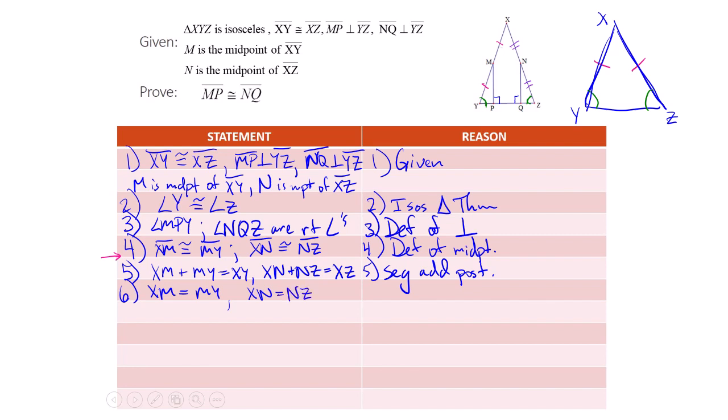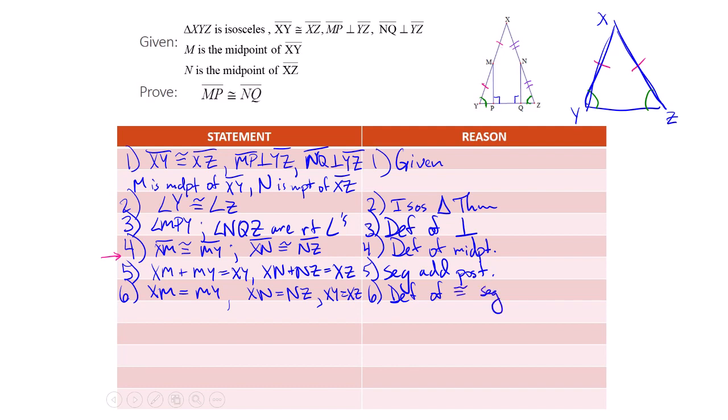So if that's the case, I can actually subtract. Well, let's do it. Let me do one more here, actually. Since I know XY and XZ are congruent, I can say that their measures are equal, right? Their lengths are equal. I can say all that by the definition of congruent segments.